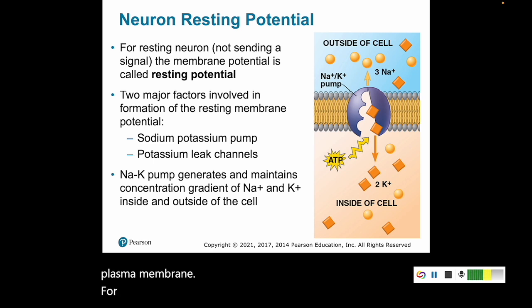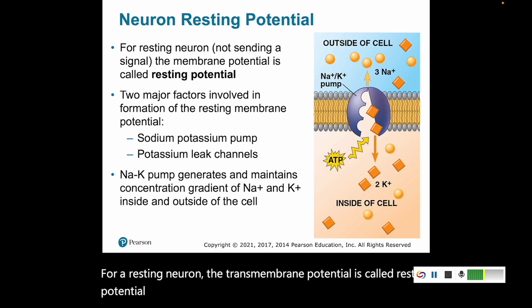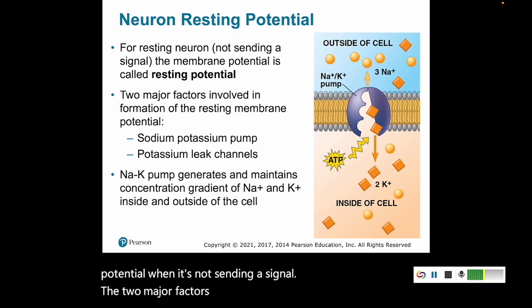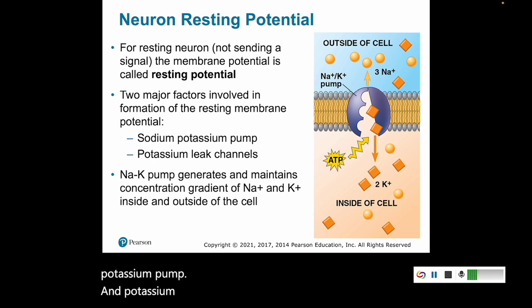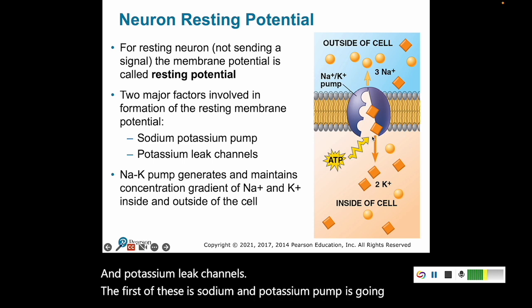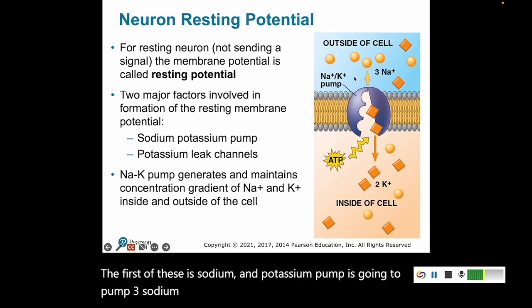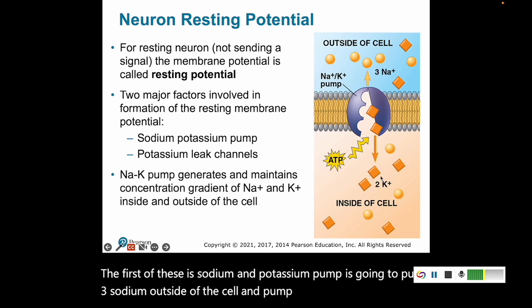For a resting neuron, the transmembrane potential is called resting potential when it's not sending a signal. The two major factors in creating the resting potential are the sodium-potassium pump and potassium leak channels. The first of these, the sodium-potassium pump, is going to pump 3 sodium outside of the cell and pump 2 potassium in.